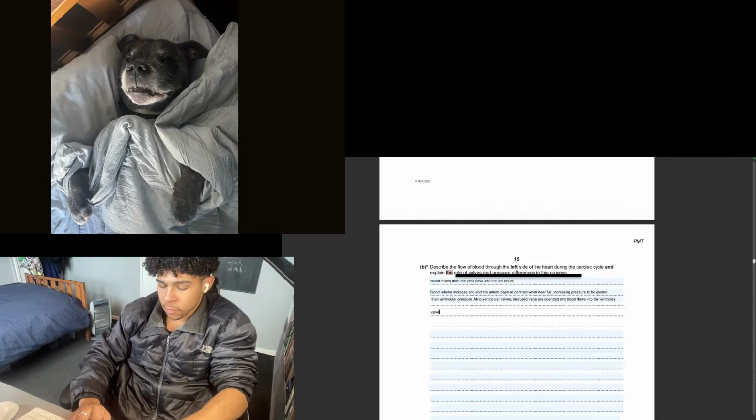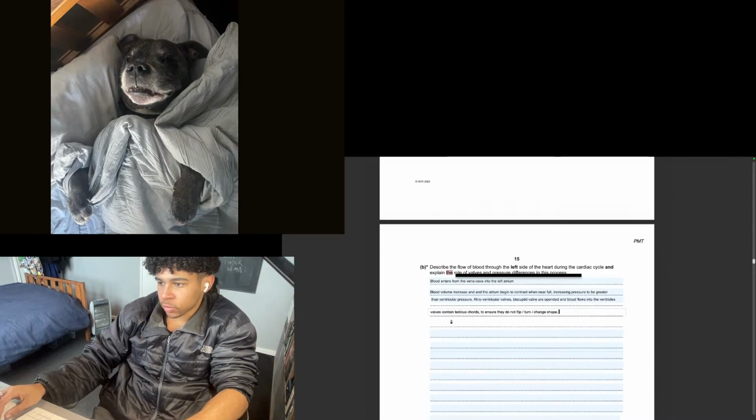Valves contain tendinous cords to ensure they do not flip or turn. Turn or change shape. I think that's just a fact I added in there.